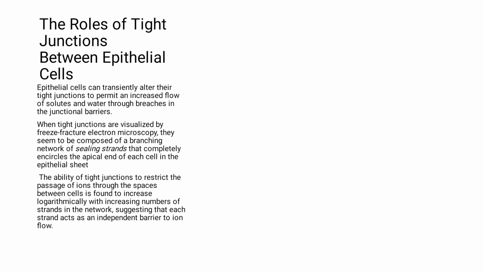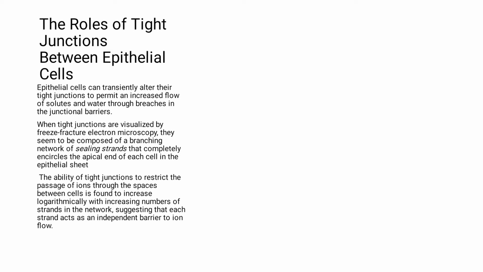So, epithelial cells can transiently alter their tight junctions to permit an increased flow of solutes and water through breaches in the junctional barriers. Such paracellular transport is especially important in the absorption of amino acids and monosaccharides from the lumen of the intestine, where their concentration can increase enough after a meal to drive transport in the desired direction.